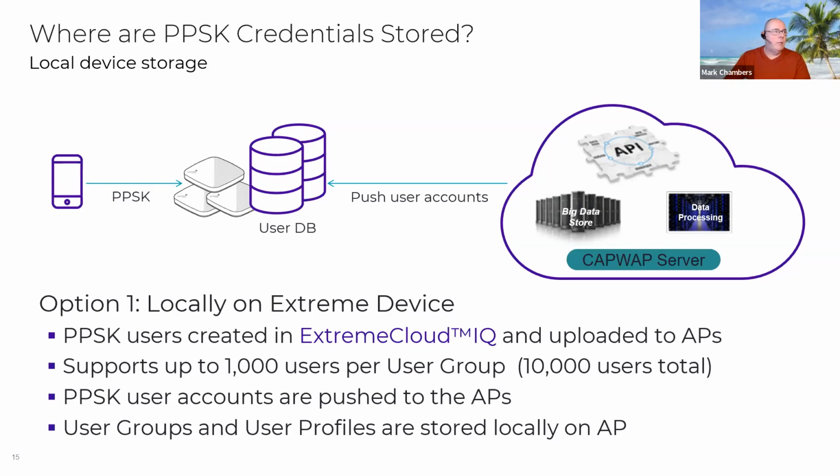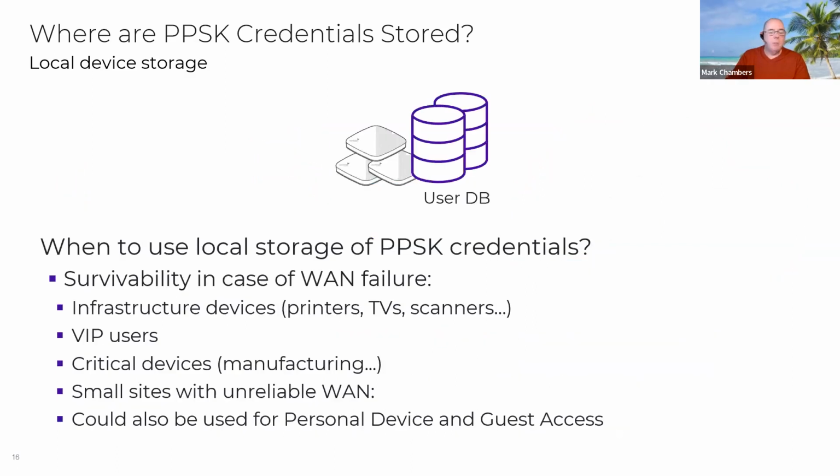So where would you use it? Some of the places you would look at is where you need survivability. So perhaps your local wide area access, your internet access, is flaky and goes down, but there are devices you need people to be able to access, then you want those pre-shared keys to be local.